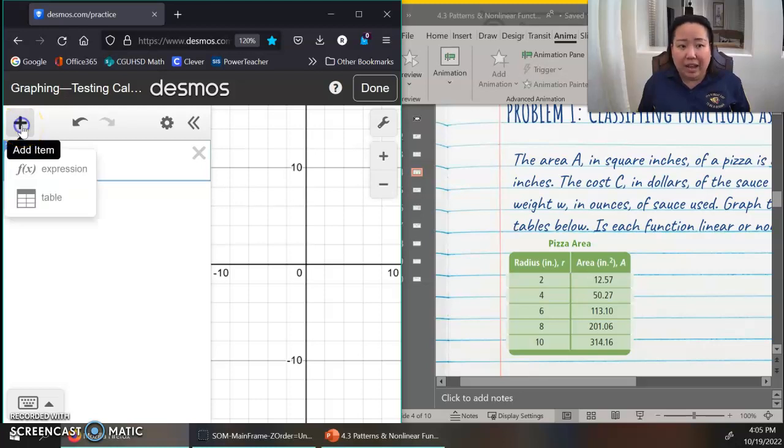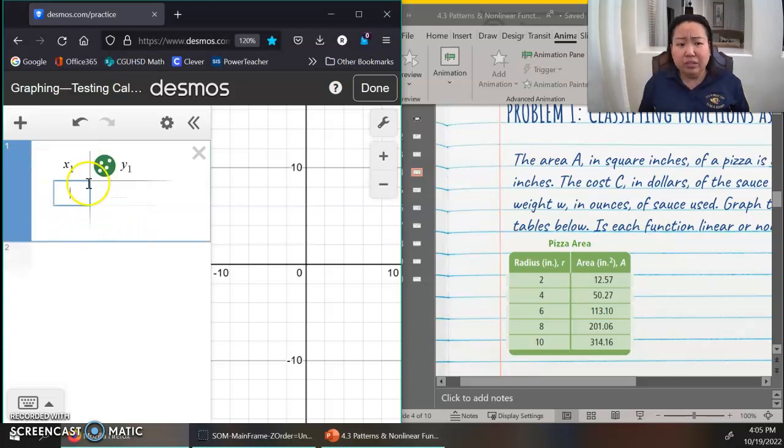If you click on add item, click on table, all right? By default, your table will include the X and Y values already. Now, as you can see from our given here, we are using the variables R and capital letter A. So just think of it, and typically with your table of values, the X values are always the left side of the table, and then the right side will always be the Y values.